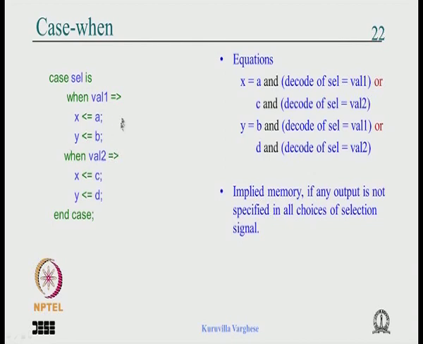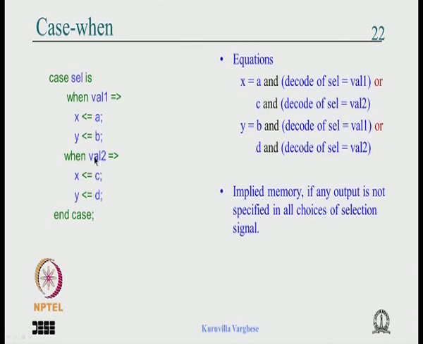Once again I will show only the real code. You could write all the other parts like entity, architecture body, library and all that, and the signal declaration, all that should be done properly. So here I am writing two outputs, the x and y, using the case. The syntax is case select is, then another input, when value 1, when the select is equal to value 1, x gets a, y gets b.